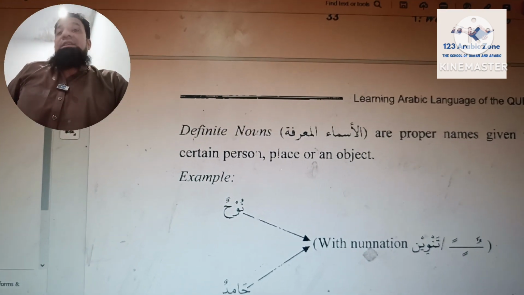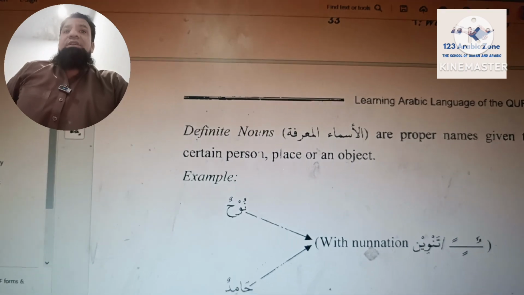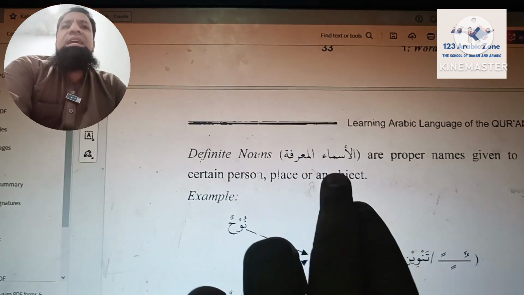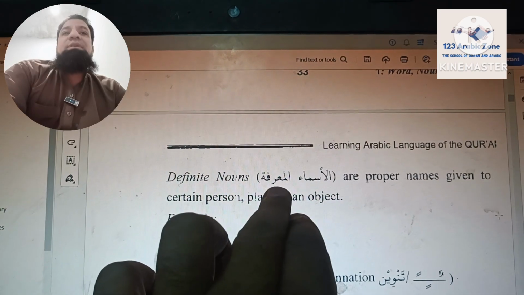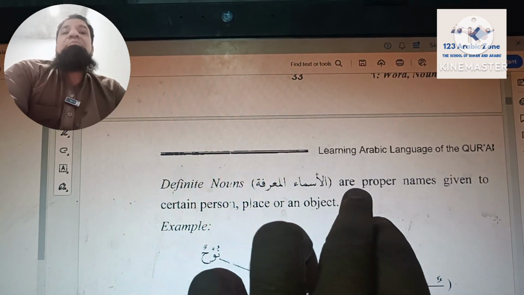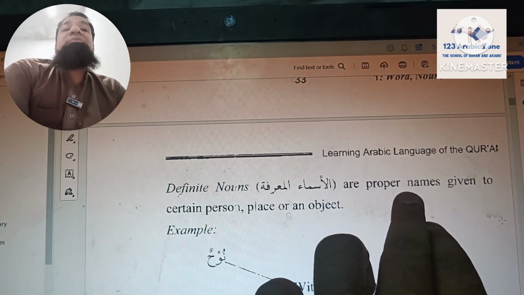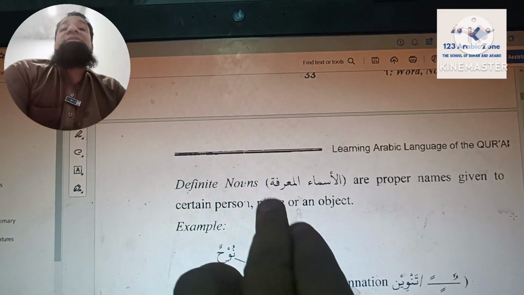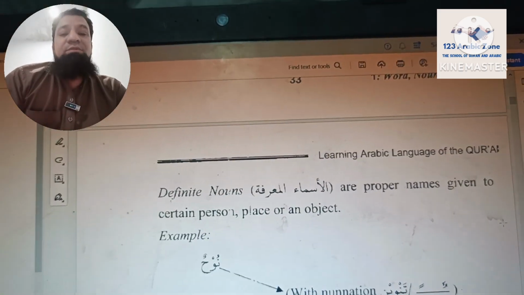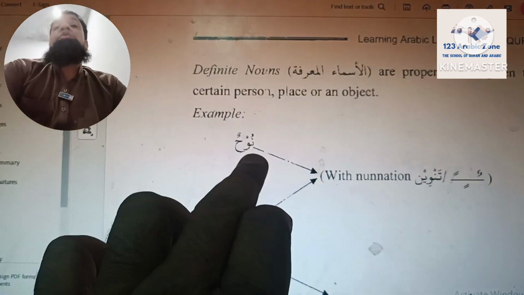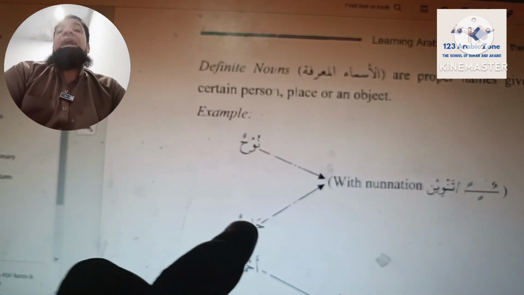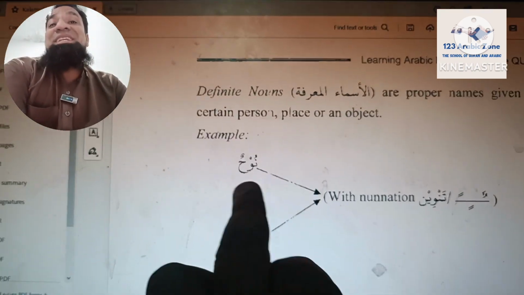We described earlier the indefinite nouns, but the definite nouns, al-asma'ul ma'rifa, are proper names given to a certain person, place, or object. You know very well about this. Example: Nuhun, Hamidun with nunation.